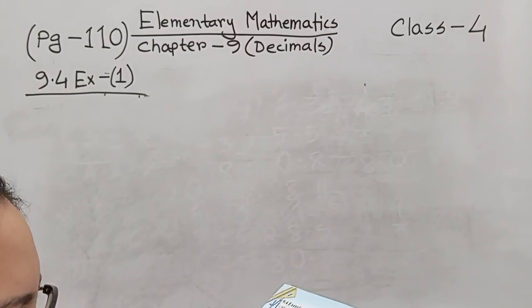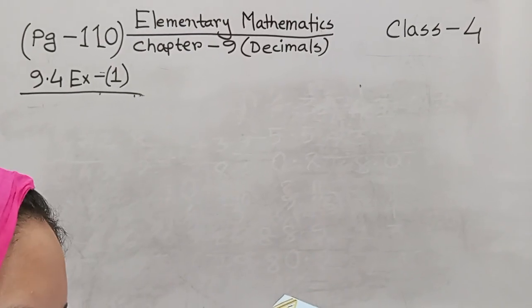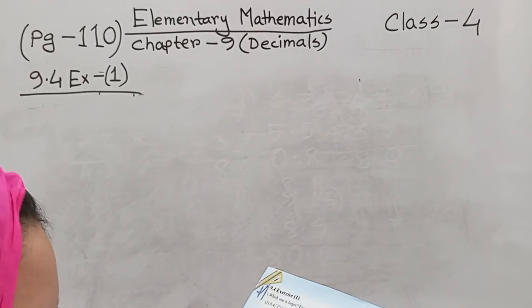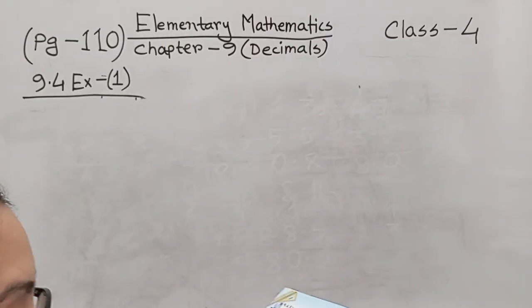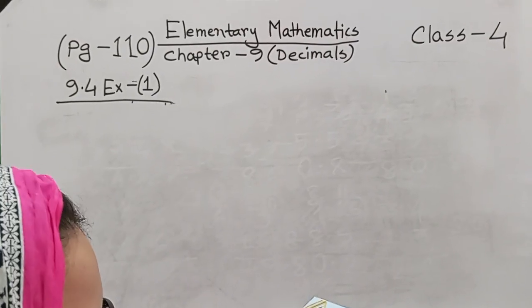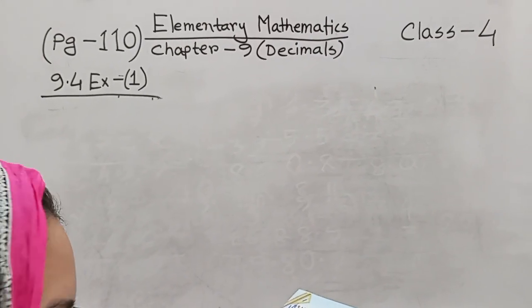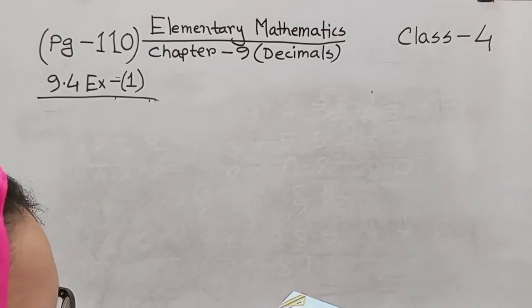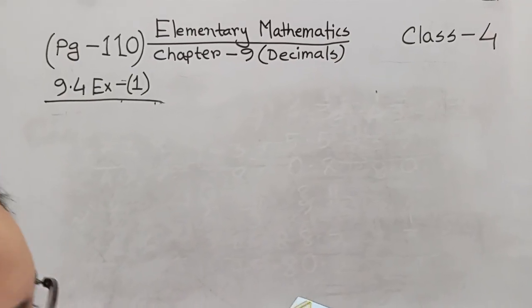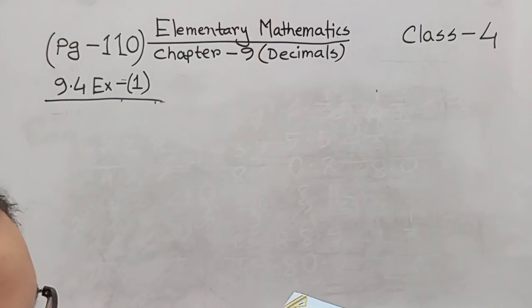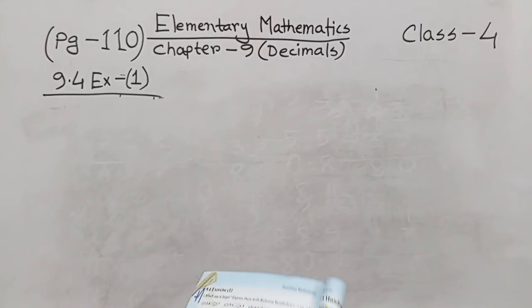How far is Shima's house from Gautam's house? Here we have to find out the total distance. And question number 2, how many kilometers is the distance from school to Shima's house, then the distance from school to Gautam's house? Here we have to compare the distance and also need to find out the difference. So let's do the math.